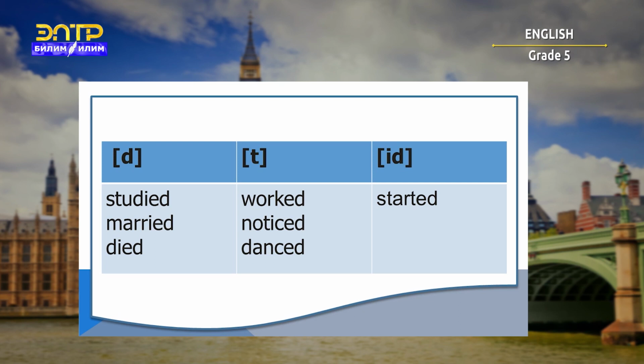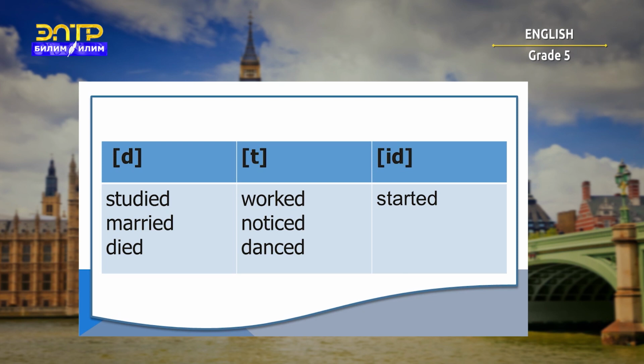Consonants that do that, voiced consonants, are n, j, m, r, v, and vowels, and so on. Words that end with a voiced sound in the base form of the verb, like learn, call, or play. When you have those sounds, then you are going to say them with d. For example, studied, married, died.